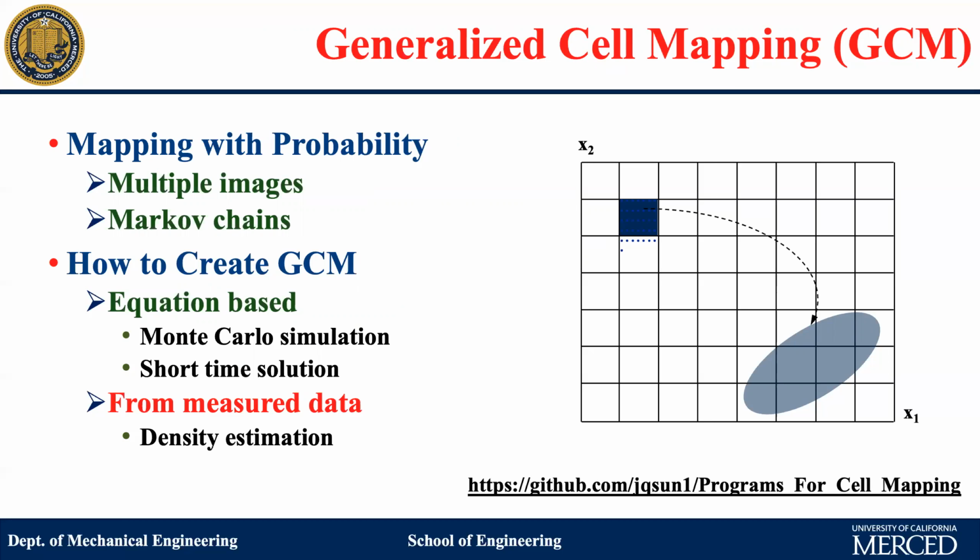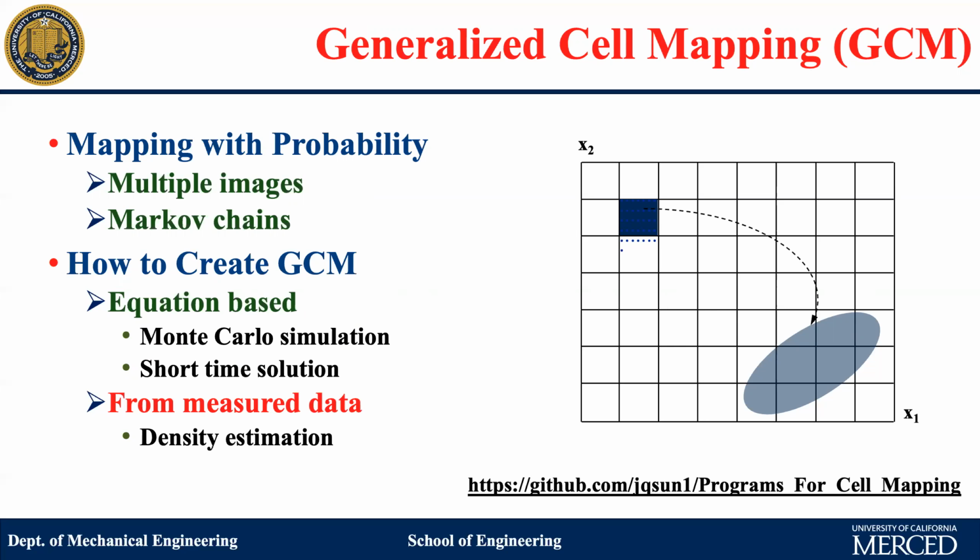Then it maps to some domain, and then that creates what is known as the probability mapping from one state or one box to another. Therefore, it's called the cell mapping. And each cell is mapped to multiple cells, so it has multiple images. Automatically, very naturally, this description of dynamic systems leads to the Markov chains.